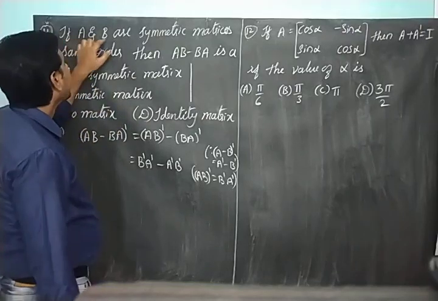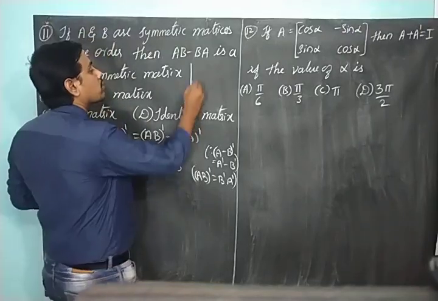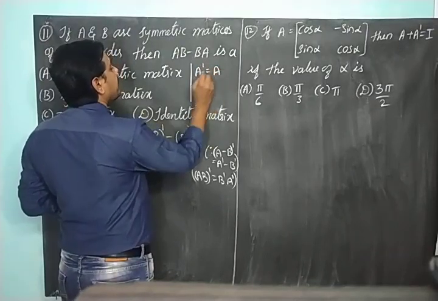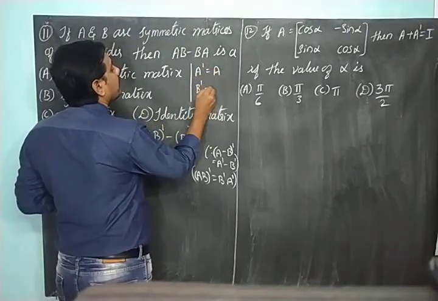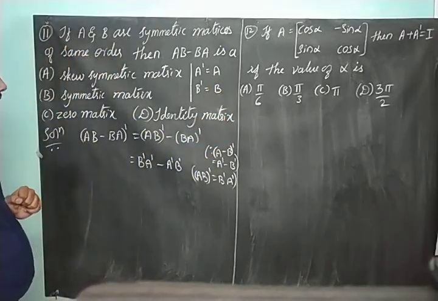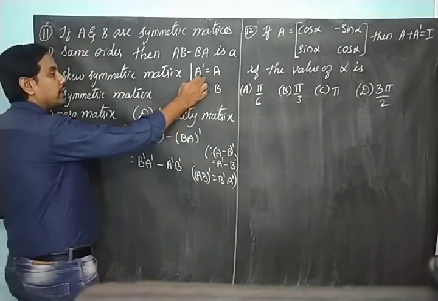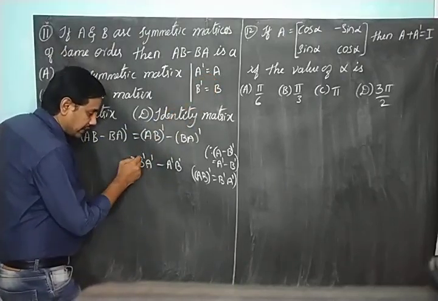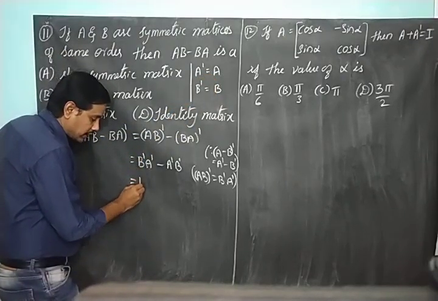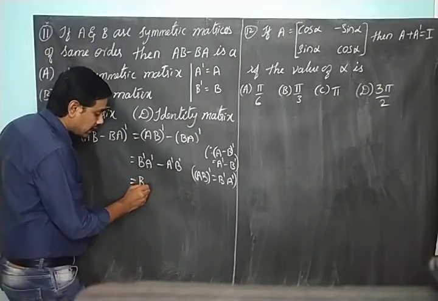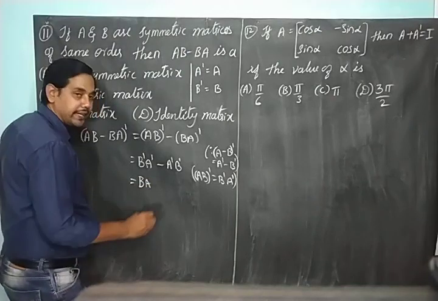So A and B are symmetric matrices, so A transpose will be equal to A and B transpose will be equal to B. Here I have B transpose, I will write it as B. Here I have A transpose, I can write it as A.